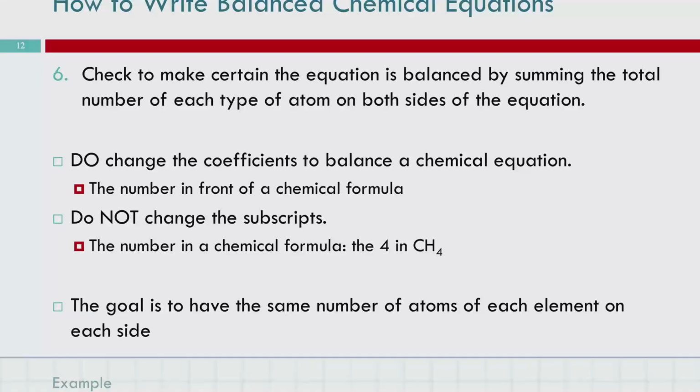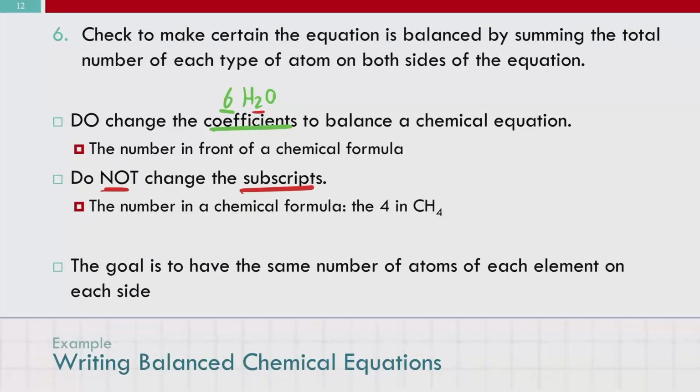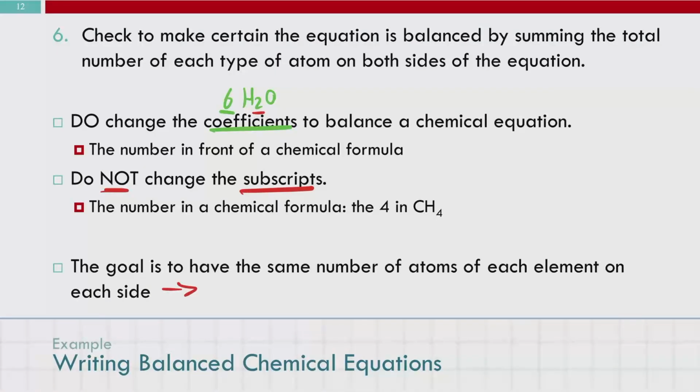And then as a review, we do change the coefficients to balance a chemical reaction. For example, this 6 that I've put in front of this H2O, we do not change the subscripts, like the little 2 that's in H2O. And again, our goal is mass is conserved.